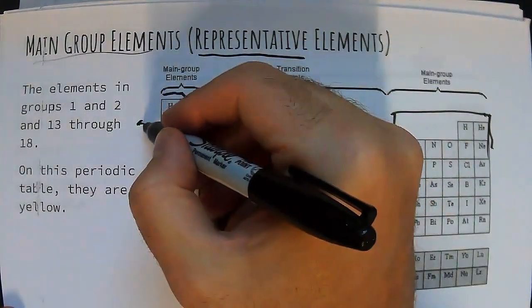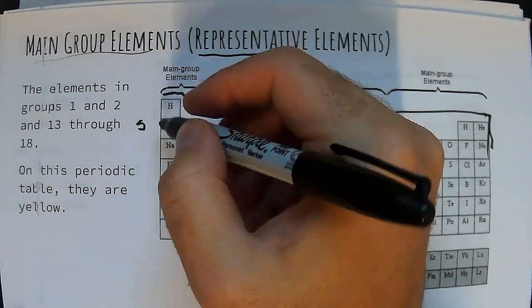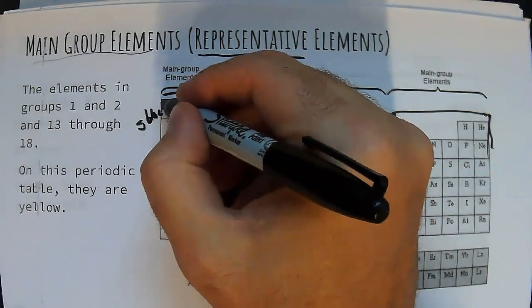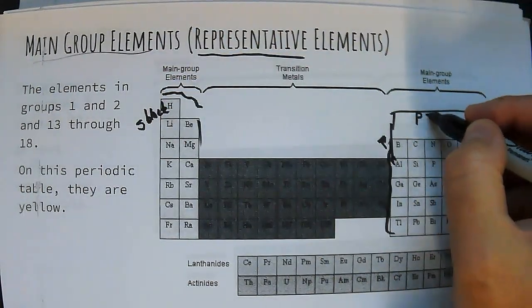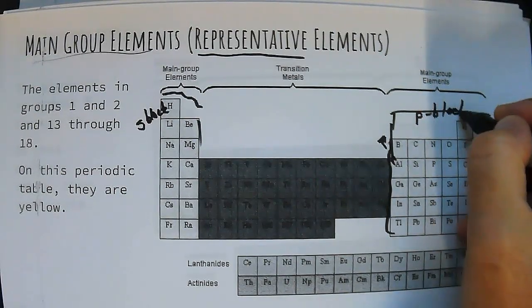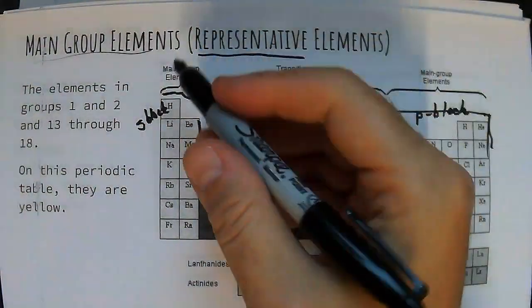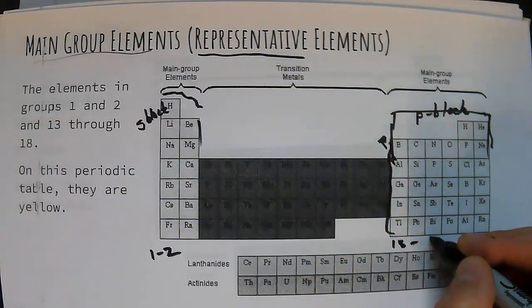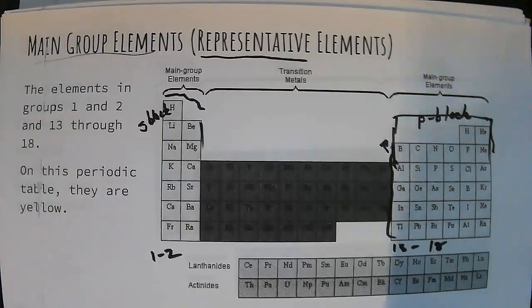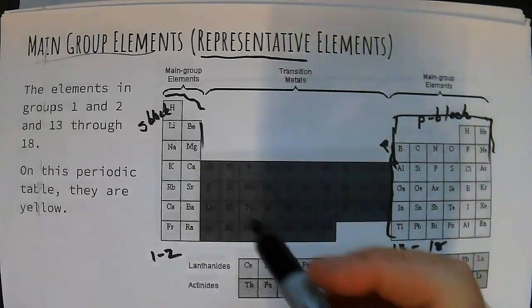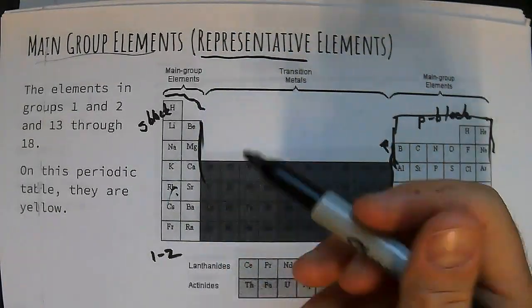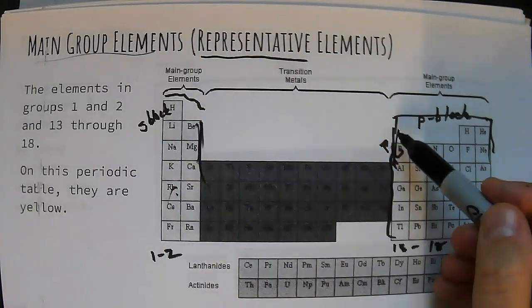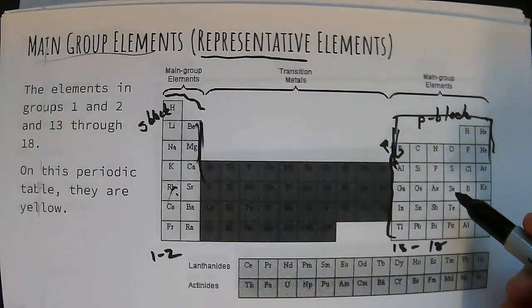So this is the S block, okay, this is the S block and the P block, if that's what you want to say. Okay, or you could say groups 1 and 2 and 13 through 18 if you wanted to do. But those are the main group elements, the elements that are sticking up above the middle of the periodic table. Okay.